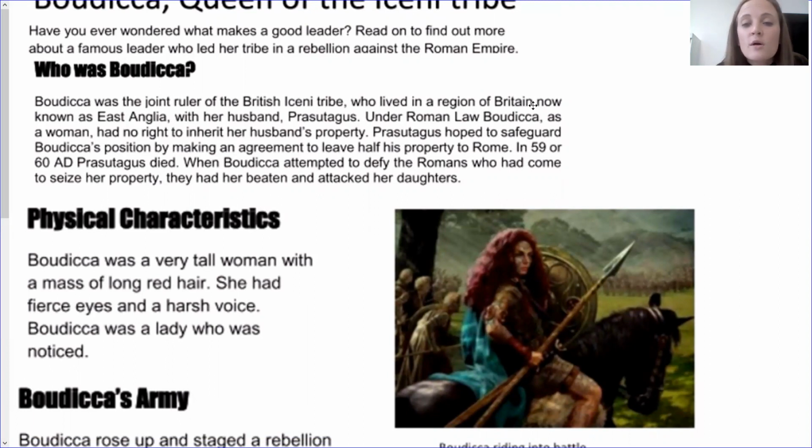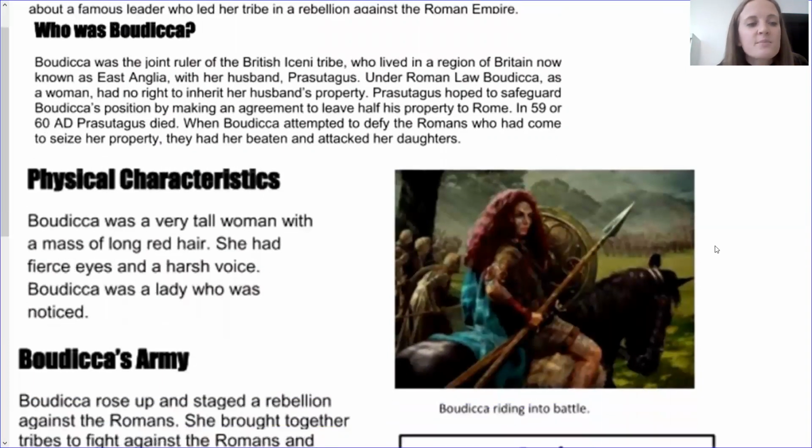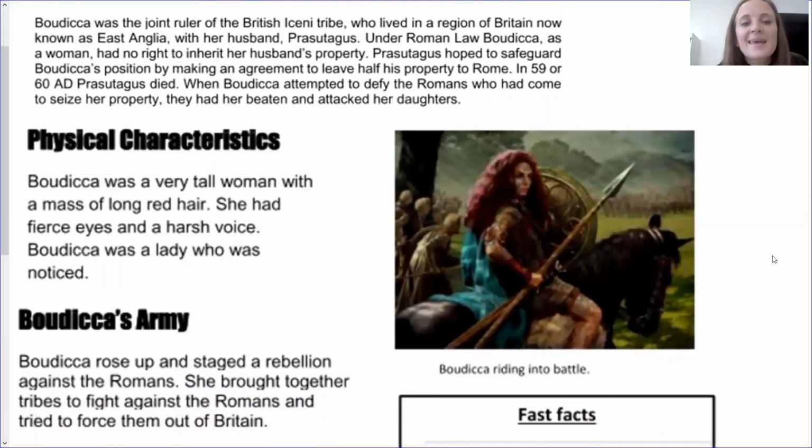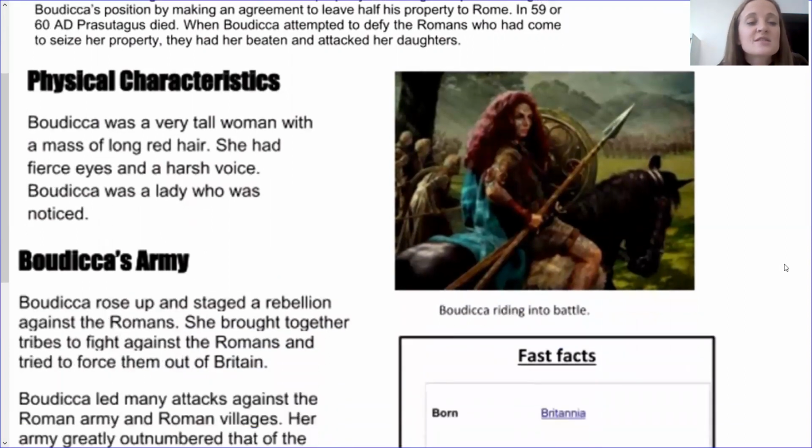Under Roman law, Boudica, as a woman, had no right to inherit her husband's property. Prasutagus hoped to safeguard Boudica's position by making an agreement to leave half his property to Rome. In 59 or 60 AD, Prasutagus died. When Boudica attempted to defy the Romans who had come to seize her property, they had her beaten and attacked her daughters.